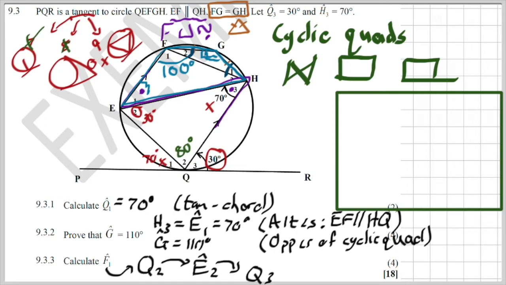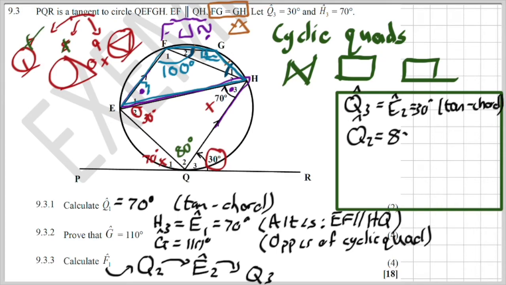So first of all, I'm going to say Q3 is equal to E2 equal to 30 degrees because of tan chord theorem. Next up, Q2 relates to E2 because of interior angles of a triangle. Look, you could have gone angles on a straight line if you first wrote out Q1, which you actually did in 9.3.1. So it's a bit superfluous.